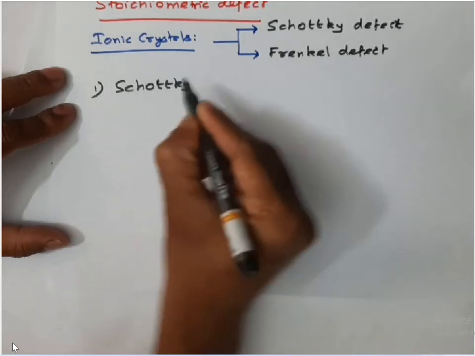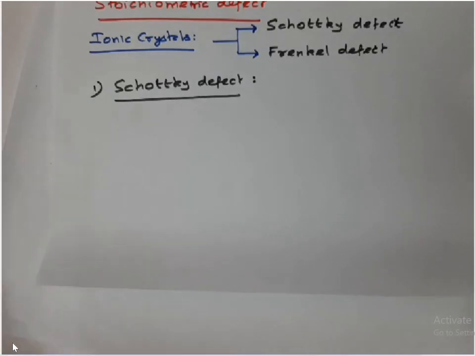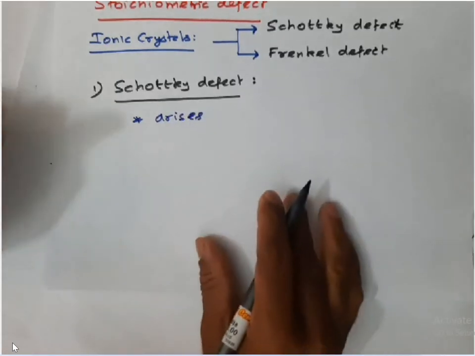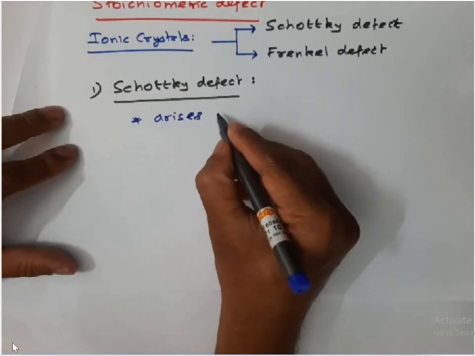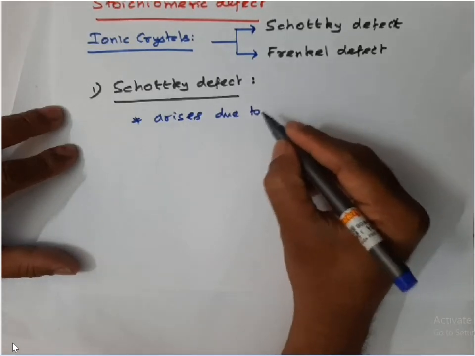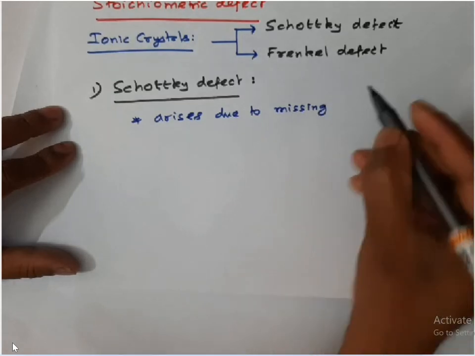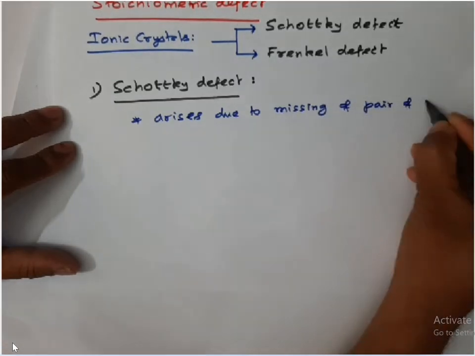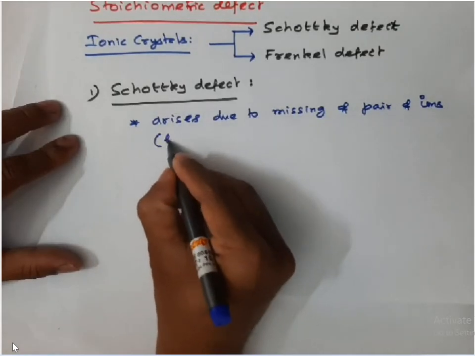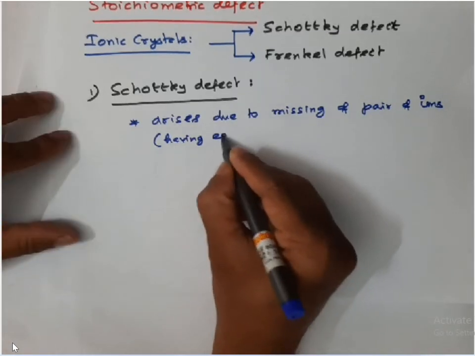Schottky defect arises in ionic crystals due to missing of a pair of ions having equal valency.